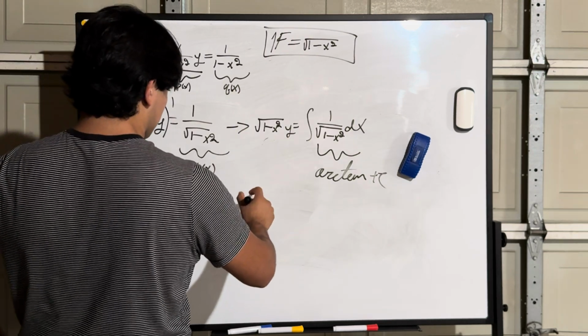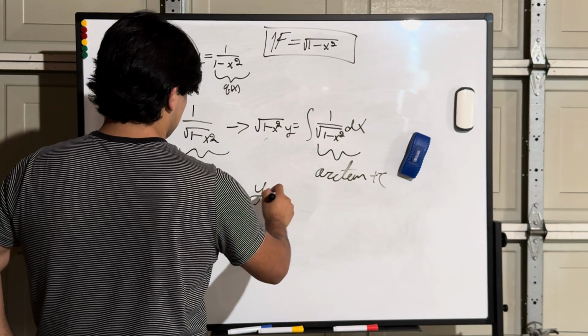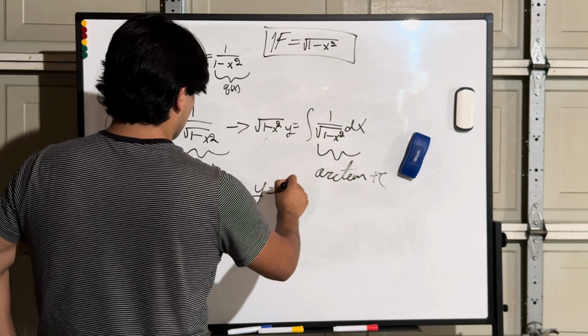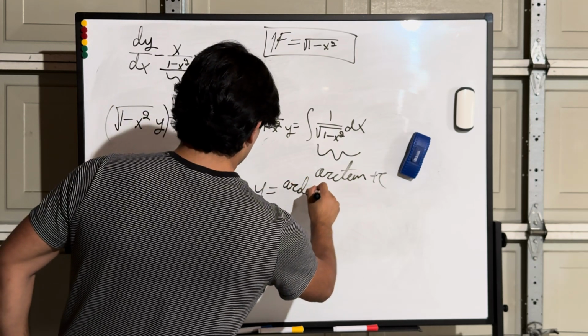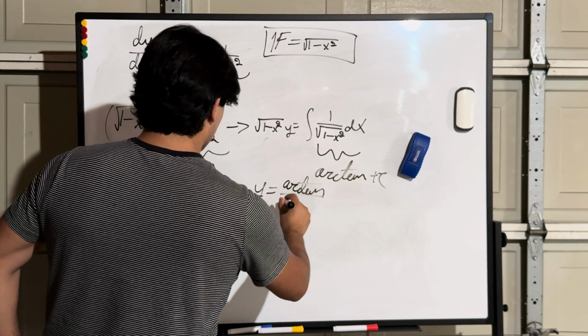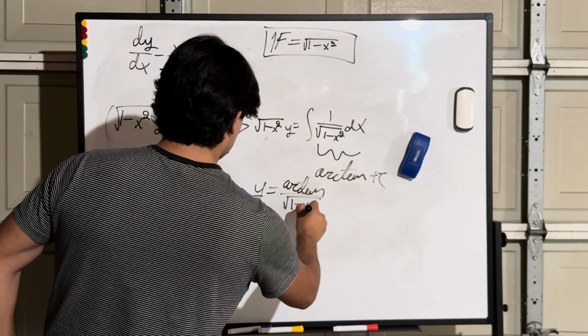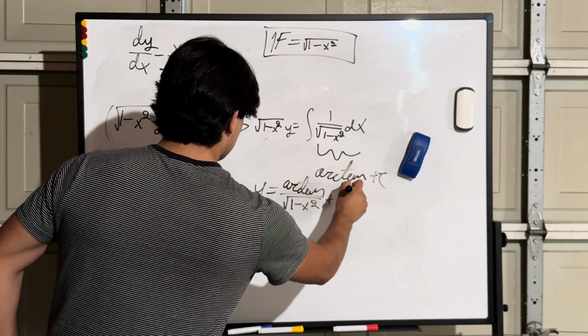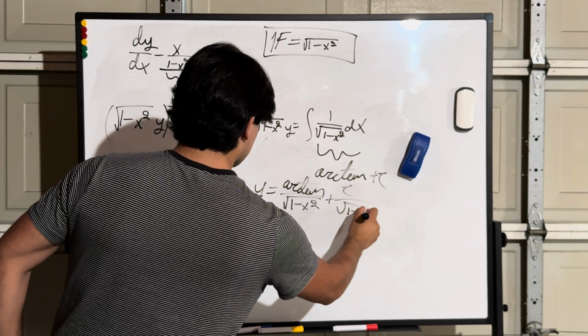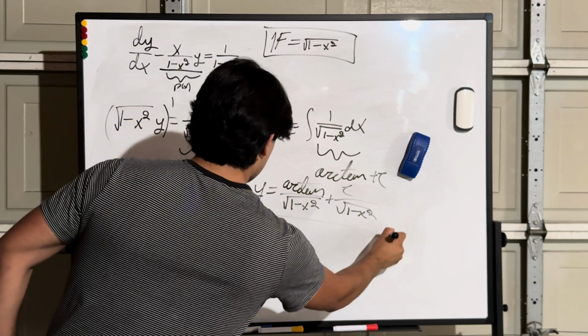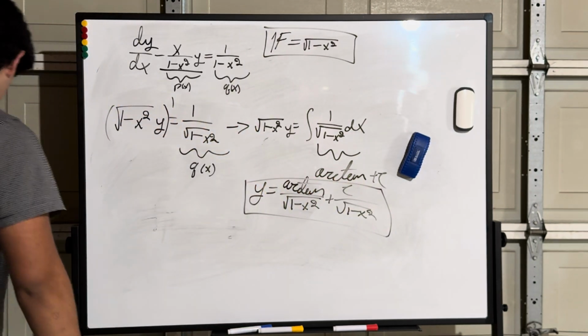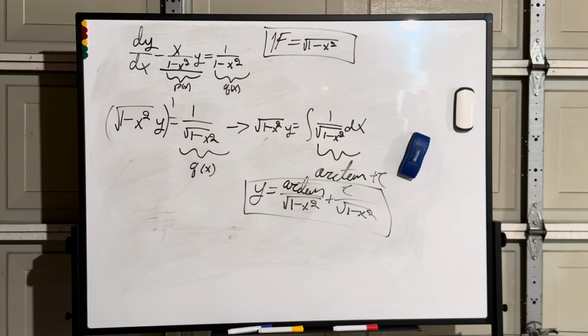So our final solution, arctan over 1 minus x squared plus c over 1 minus x squared. Boom. There you go.